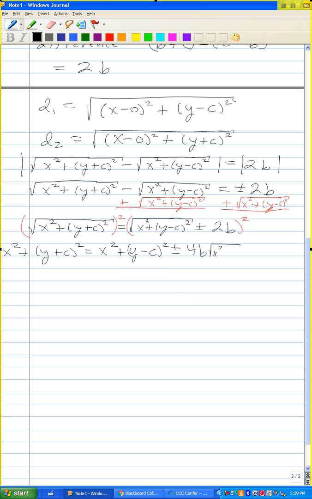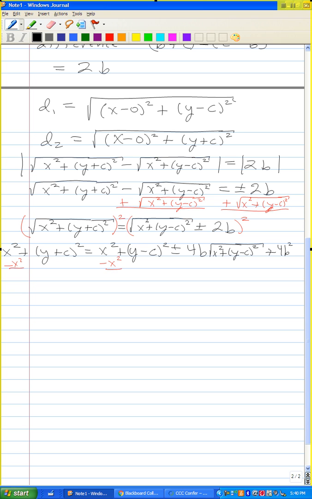x squared plus (y minus c) squared plus 4b squared. Okay, so I can certainly get rid of the x squares. Subtract x squared from both sides. And let me square the (y plus c) quantity squared.